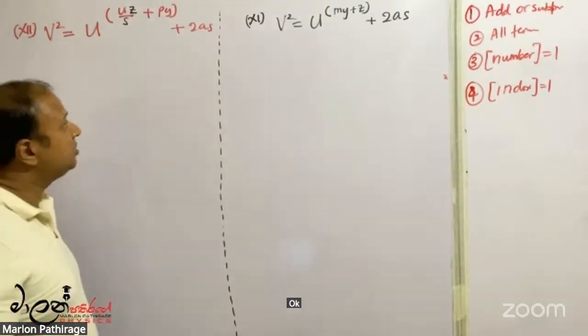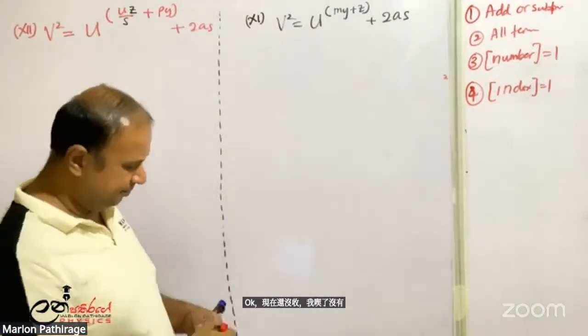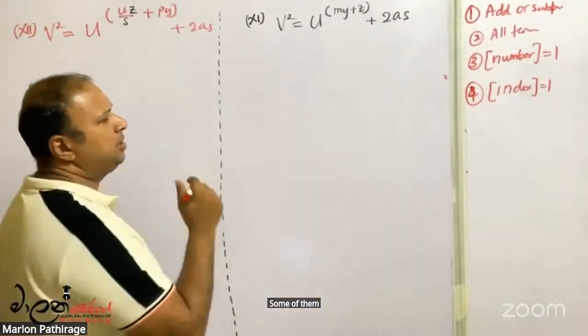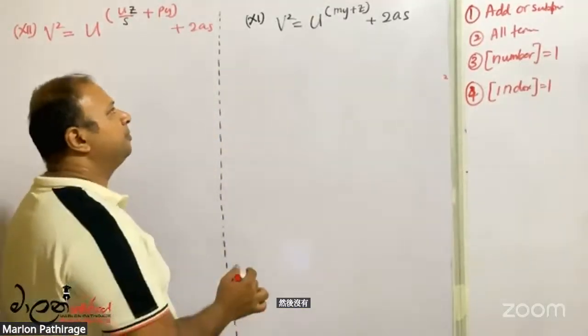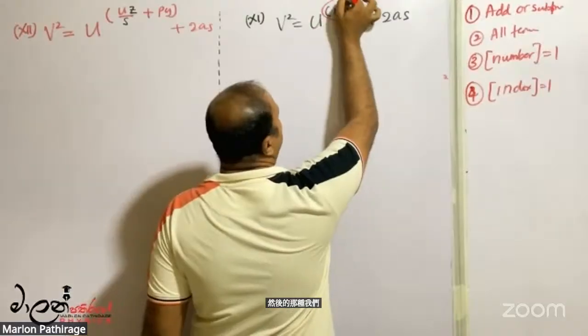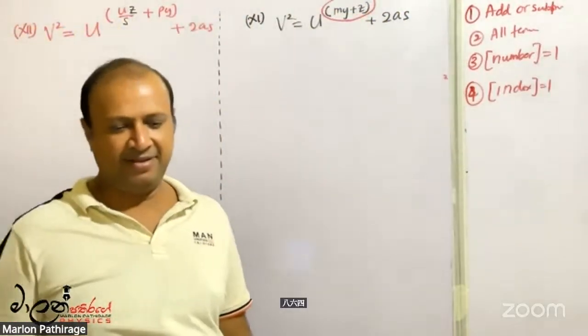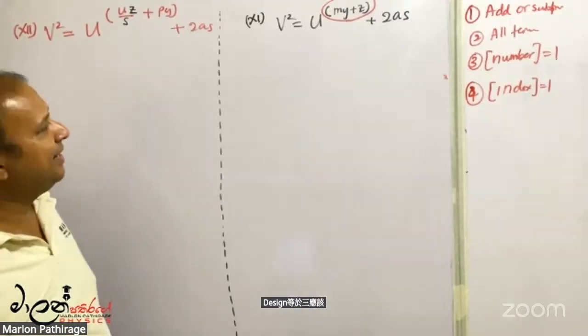Okay. Shall we start with question number 11? So here you have to determine the dimensions of Y and Z. Now let me know what is this one? That is an index.